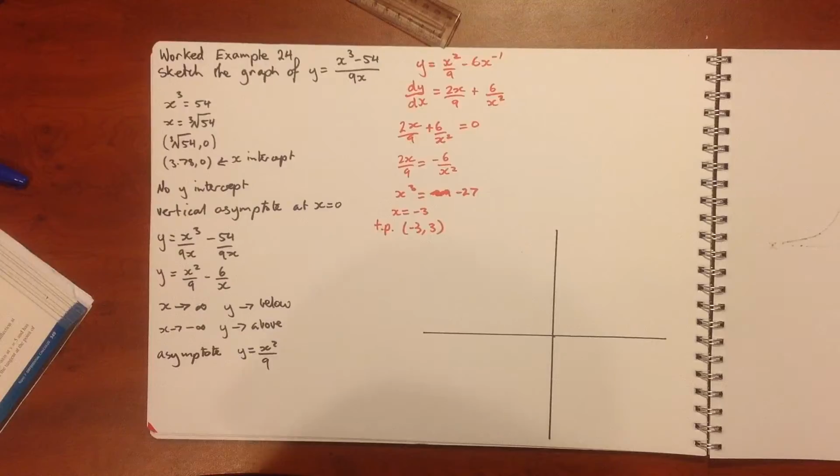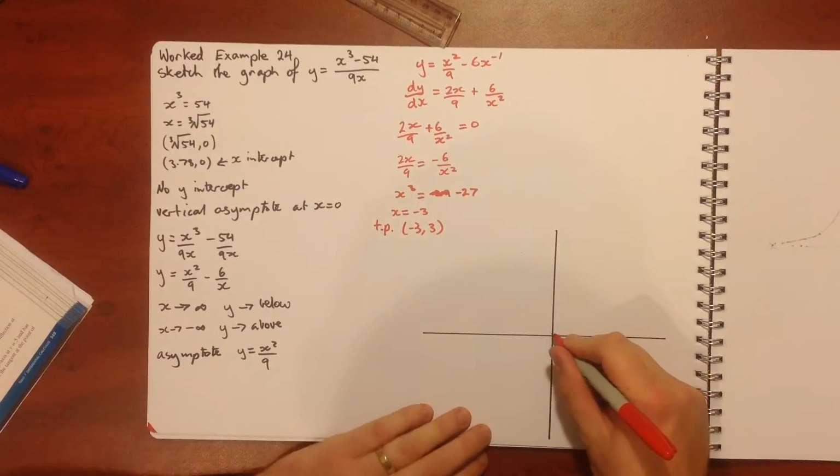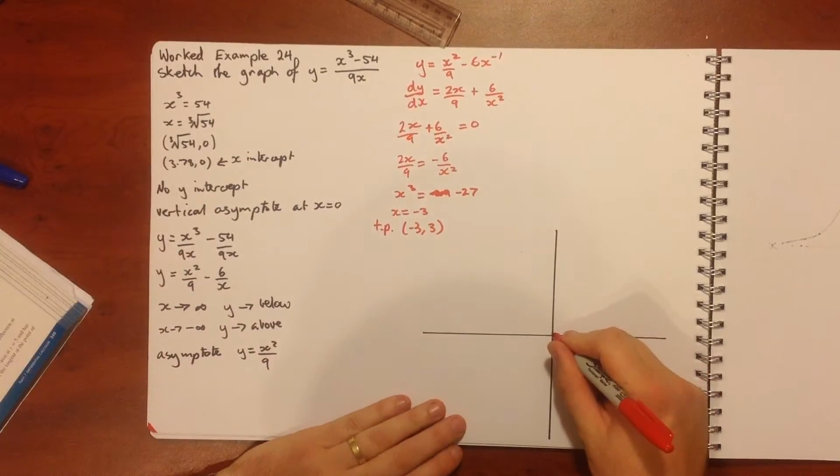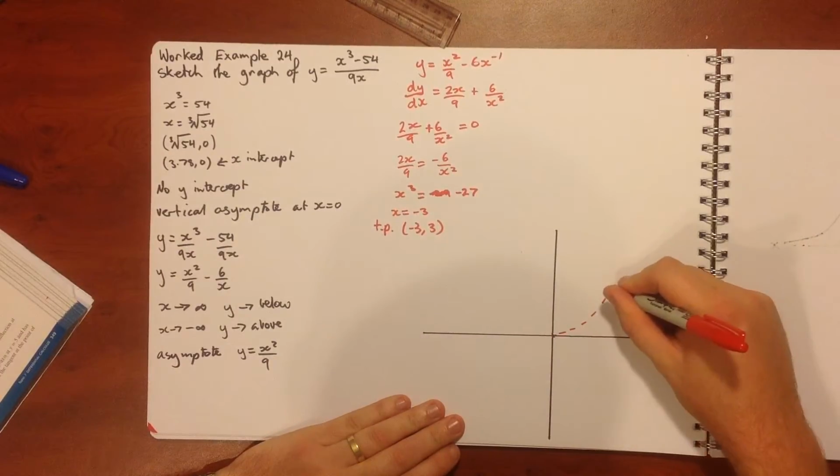What's not too bad about this is, thankfully, it's just x squared on 9, so that's just a dilation factor. Remember, dilation factors you really don't see that much. We haven't been translated or anything, so we can say that we've got our quadratic here.